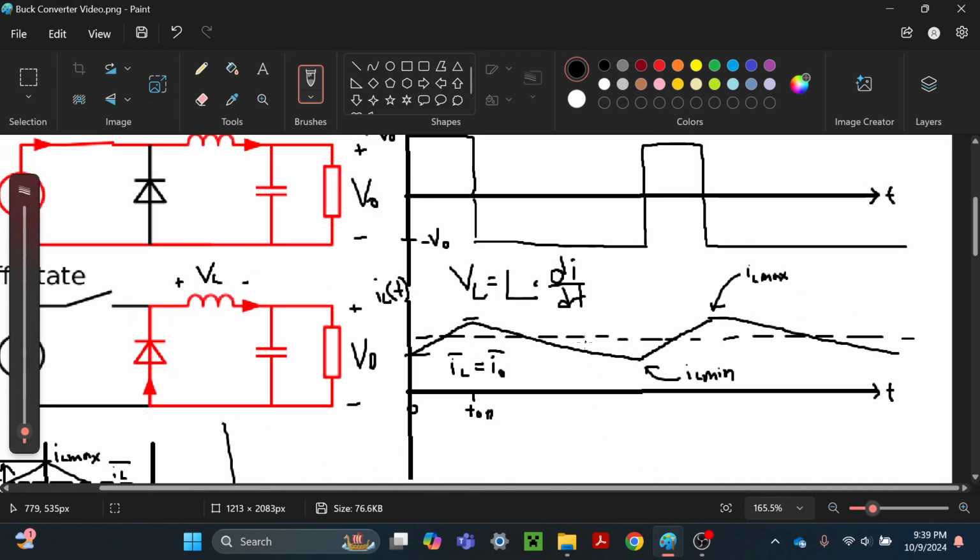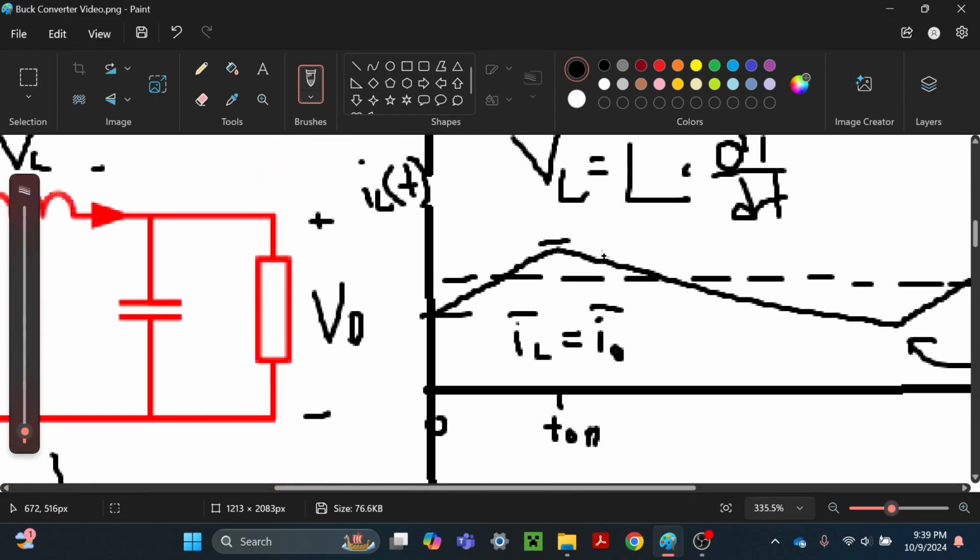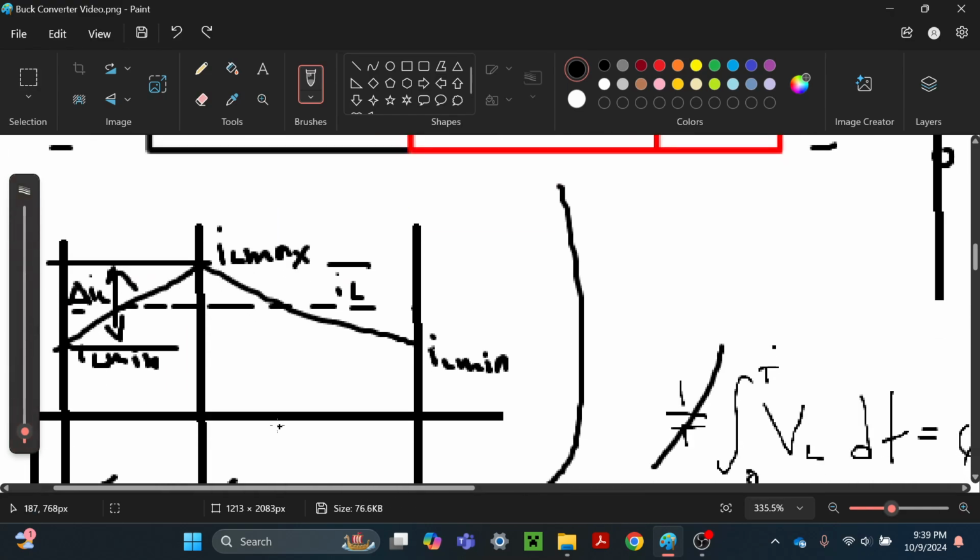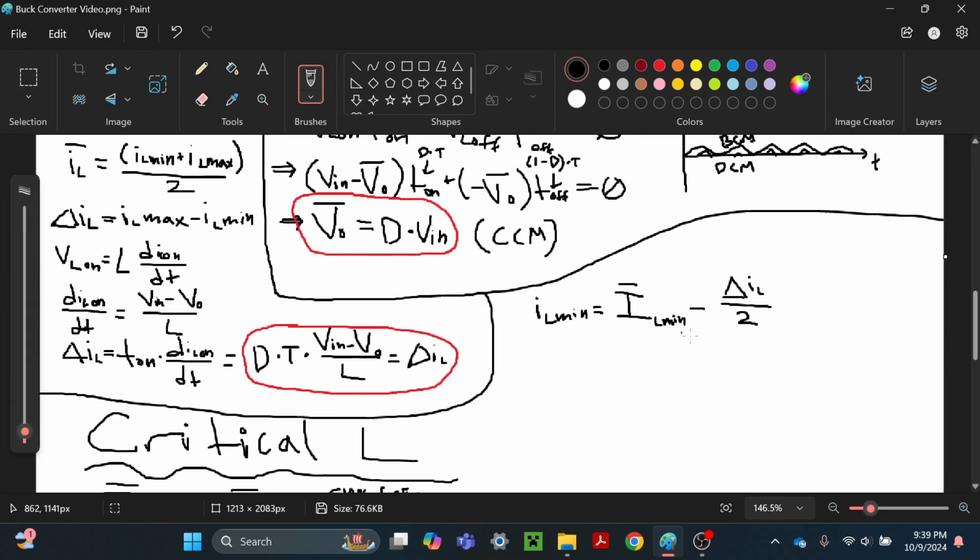That makes sense because this distance is delta IL over 2, right? This whole distance from IL min to IL max is delta IL. So half of that distance is the distance from IL average, should be a capital, from IL average to IL min.